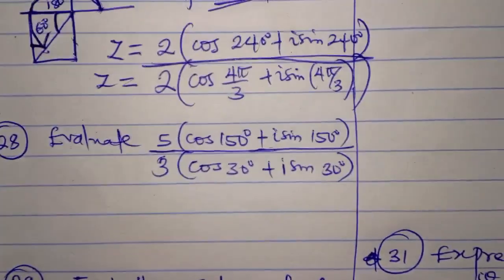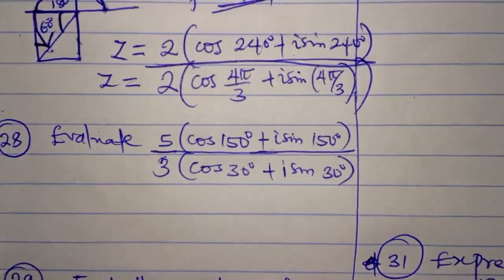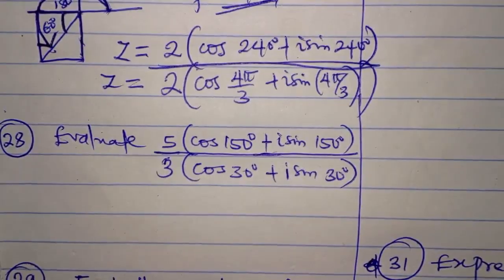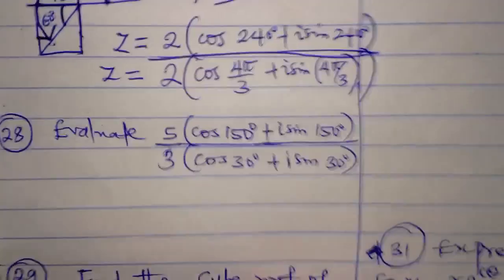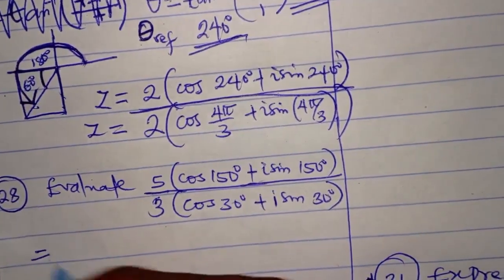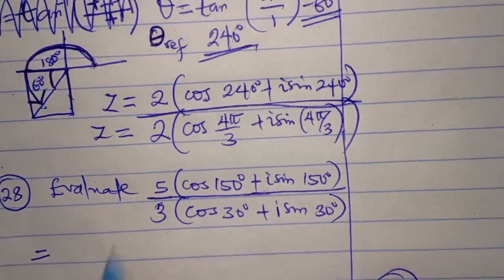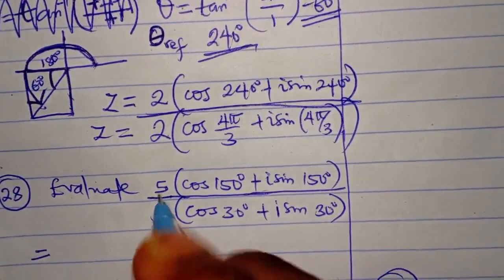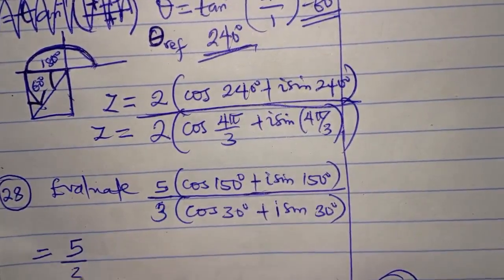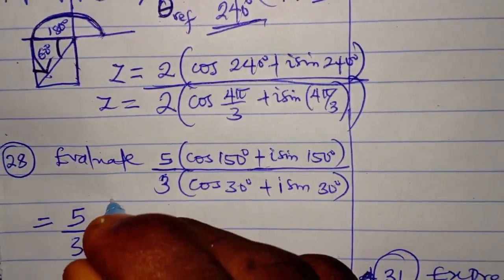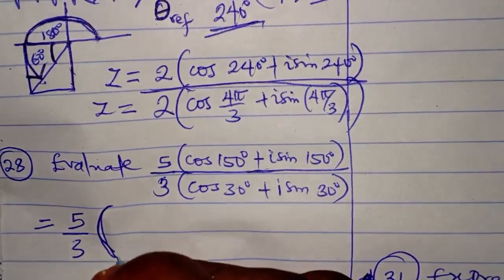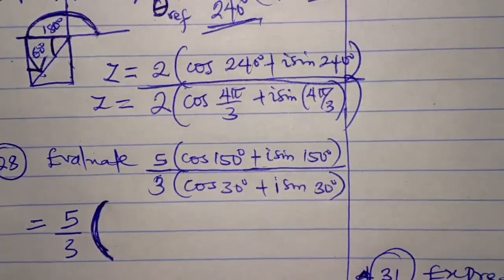Question 28, we are to divide this complex number in polar form. It is very easy. To divide complex numbers in polar form, as it is now, we first of all divide their modulus. That's 5 and 3. That will be 5 over 3. Then we subtract the second argument from the first.